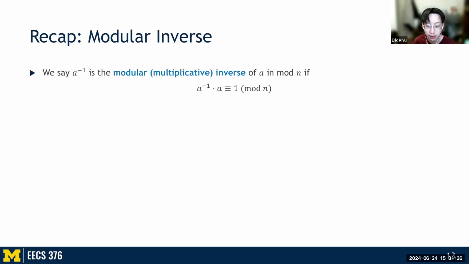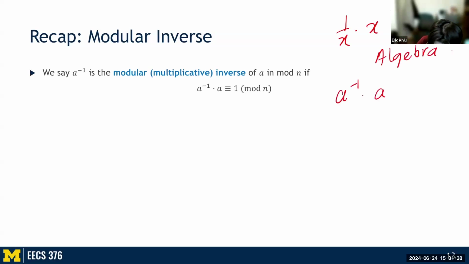You could think of it like this: in normal algebra, if we have x and take 1 over x, it will give you 1. In modular arithmetic, you have a times a inverse, which gives you 1 in mod n. That's the idea of multiplicative inverse, something that brings you back to 1, the identity.